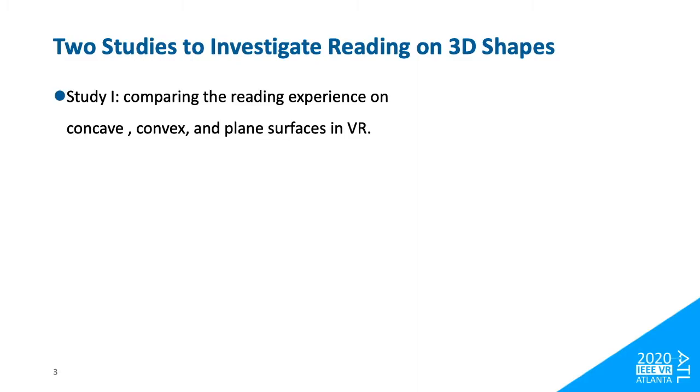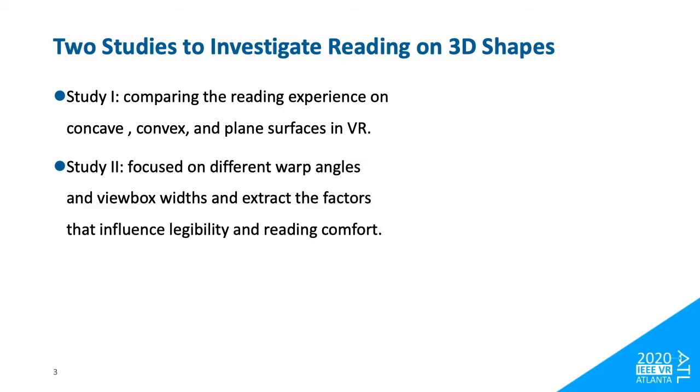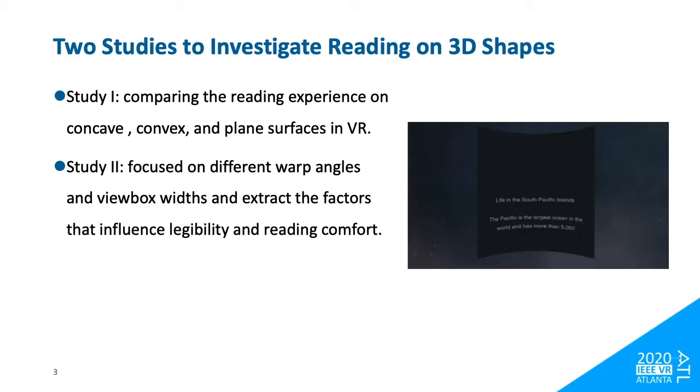In this case, we conducted two user studies to investigate the properties of 3D shapes and their effects on reading. In study 1, we focused on more general shapes, while in the second study, we investigated specific shape parameters.